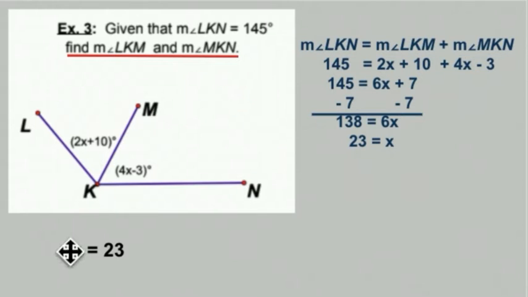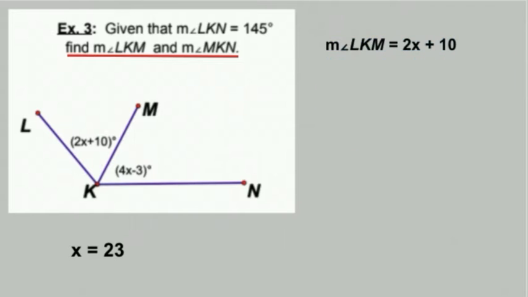If 23 is equal to x, we can now find the measure of angle LKM and the measure of angle MKN. The measure of angle LKM is 2x plus 10, but x is 23. So replace the x with 23, and we get that it is 56 degrees.